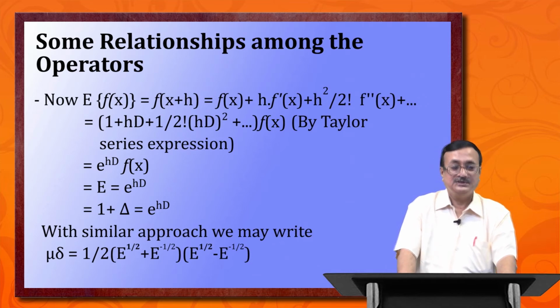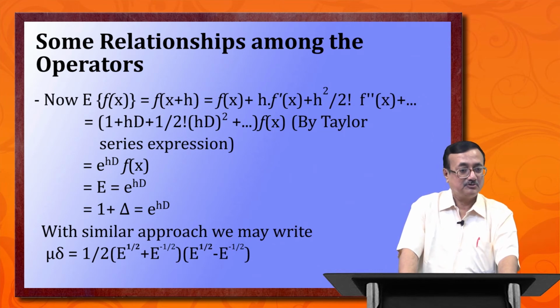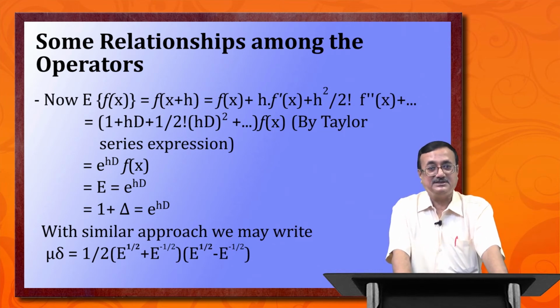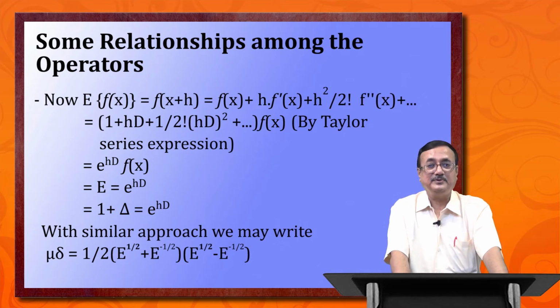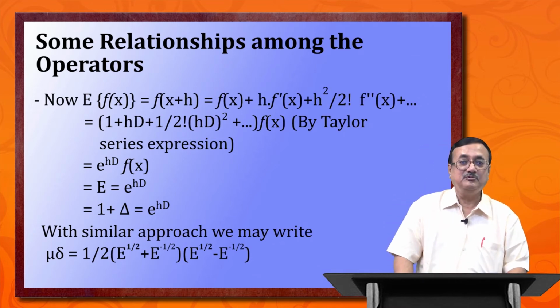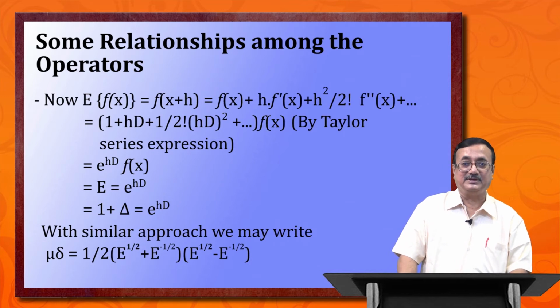Similarly, we can have sine hyperbolic hD, cos hyperbolic hD, like e to the power hD. Now, with similar operators, we may write mu into delta. What is mu? Mu is defined as half of e to the power half hD plus e to the power minus half hD as per its definition, and delta is e to the power half hD minus e to the power minus half hD.